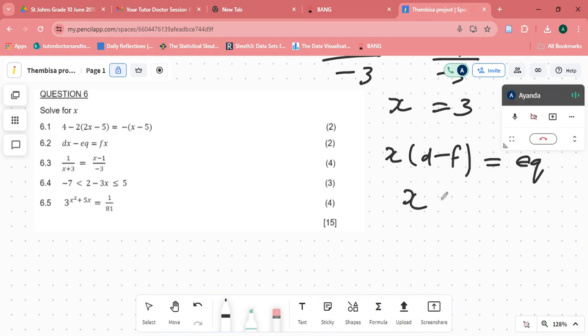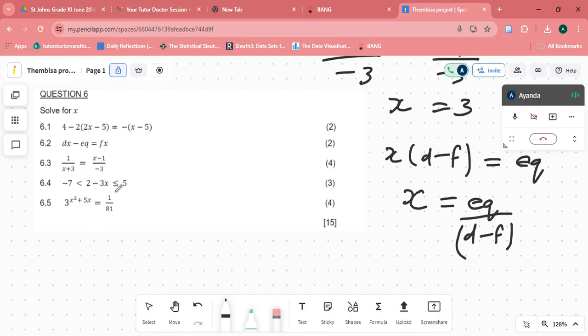So x will then equal to eq over d minus f. So rearrange our formula, common factor x, and we are left with x is equal to eq over d minus f. Now for 6.3, we have 1 over x plus 3 is equal to x minus 1 over negative 3.